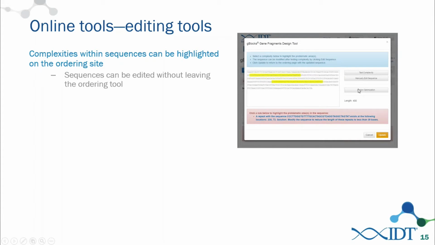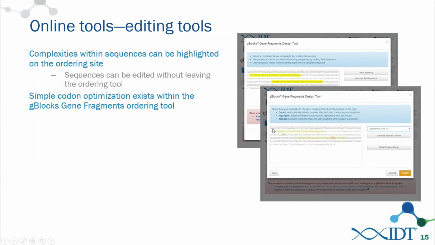You can also do things like codon optimize the sequence. The codon optimization can automatically detect start and stop codons. You can also manually select reading frames and the locations or subsections that you want codon optimized, and you can select from a wide variety of different organisms to optimize the codons to.